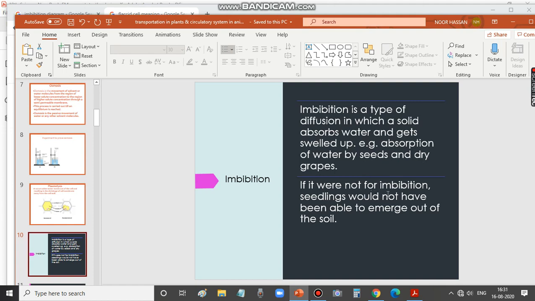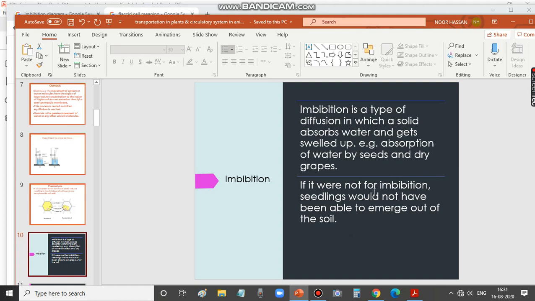If it were not for imbibition, what would have happened? Seedlings would not have been able to emerge out of the soil. If water molecules do not get into the seeds due to this process called imbibition, seeds cannot absorb water, and seedlings also would not emerge out of the soil.